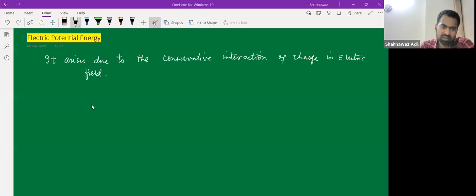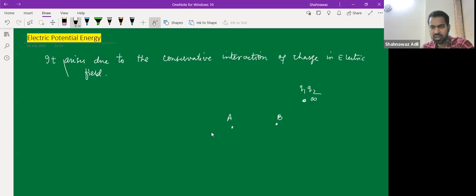But what is the definition of this potential energy? So let's say that you have two charges, right? Let's say you have these Q1, Q2 charges. These are at infinity. And you have two fixed points. So let's say you have A and, let's say, B, right?